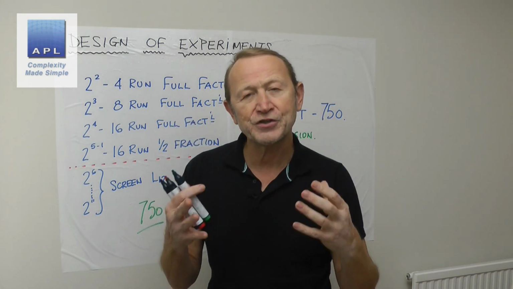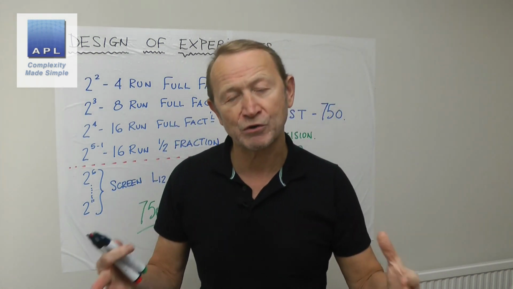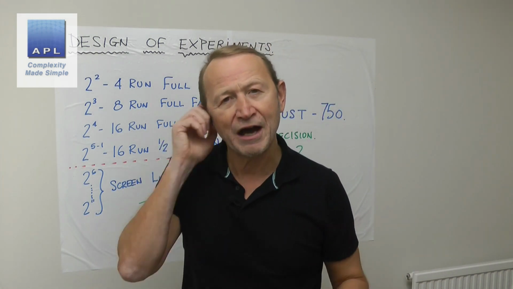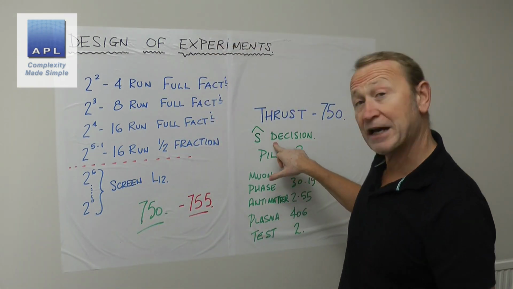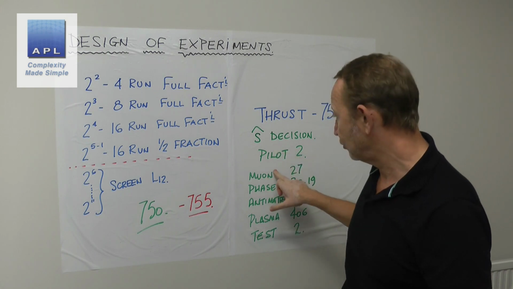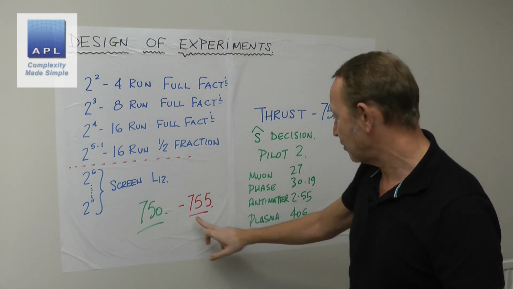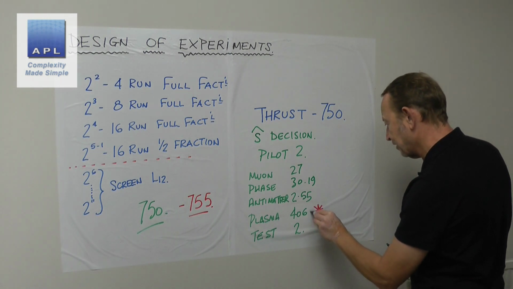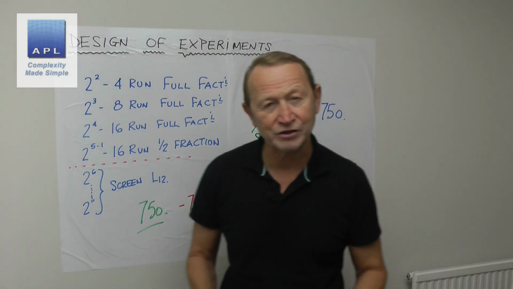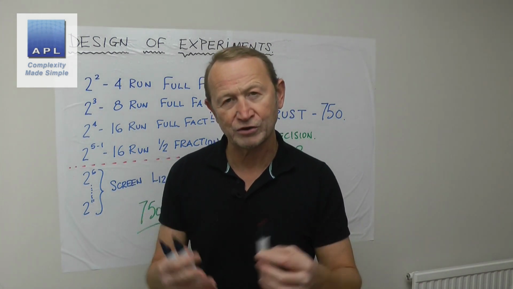Now, this is the power of DOE. This is process knowledge, because how else would you get this knowledge? It's telling you how to reduce standard deviation. It's telling you how to hit the target, and it's telling you to spend money on this variable right here to change the control system.